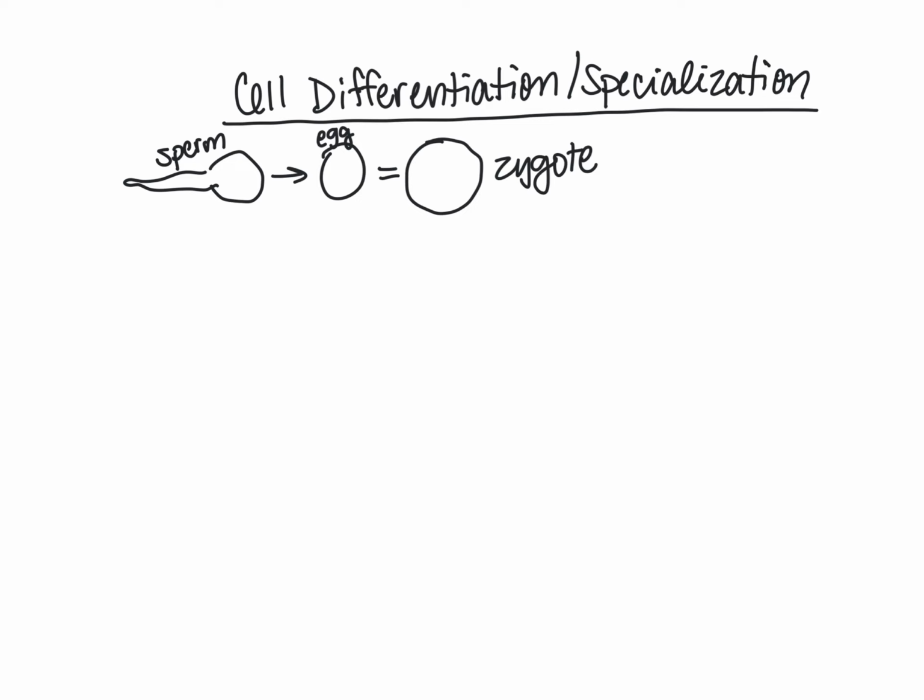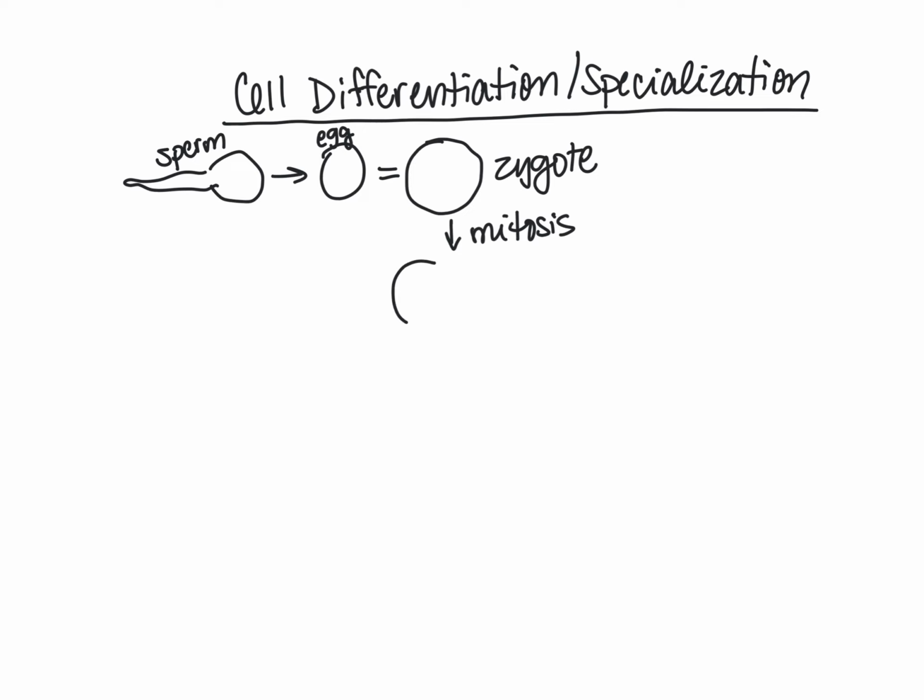Now, the zygote is completely undifferentiated, meaning that it is just a cell, but the cell essentially is going to be making all the other cells in the body of this organism. Because remember, the zygote is going to go through mitosis over and over again.